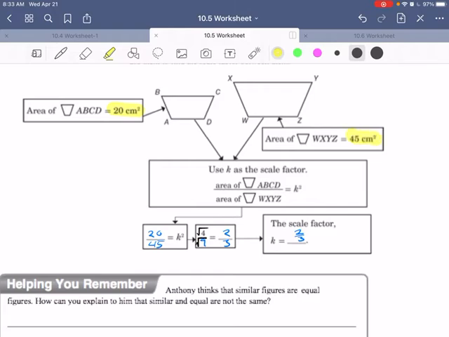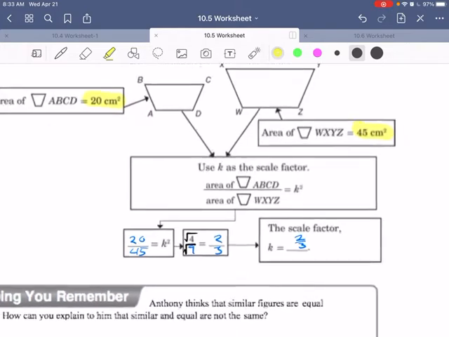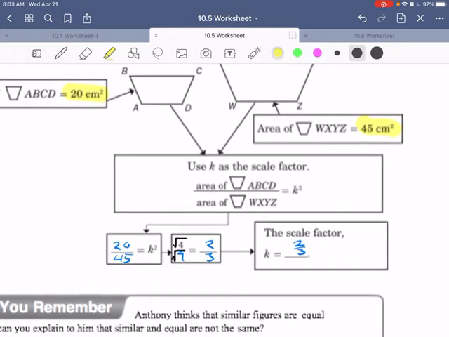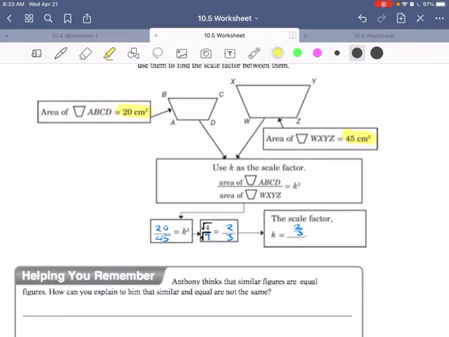And we can say, all right, if we're going from the larger to the smaller, right? So going from right to left, we would say, okay, I've got my smaller one where I'm going on the top, and my larger one where I'm coming from on the bottom.